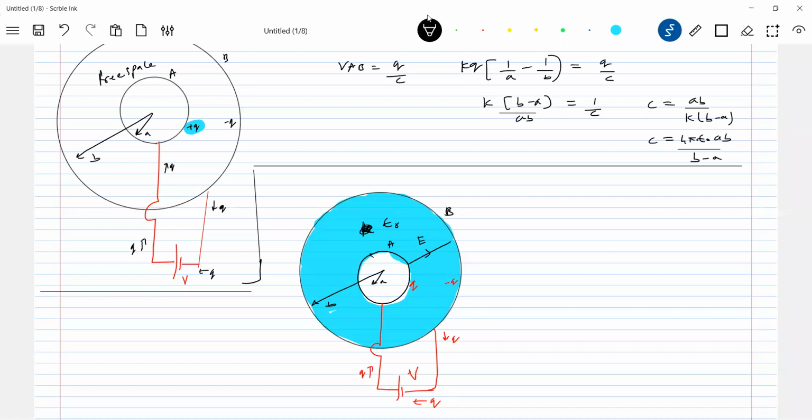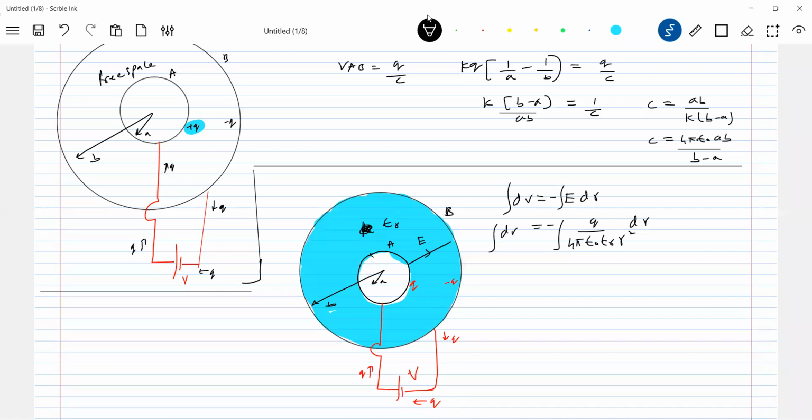Then how to get the potential difference? dV is equal to E into dr. What is the value of the electric field? It should be equal to Q by 4 pi epsilon r R square, times dr, with a minus sign. I'm bringing that side.